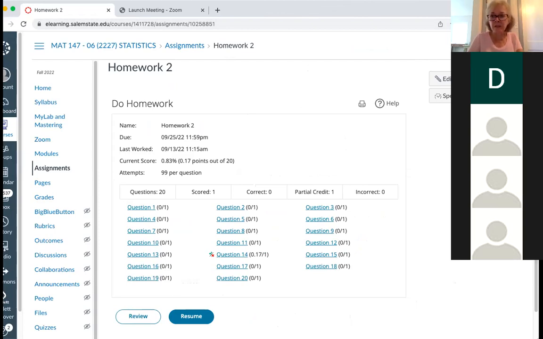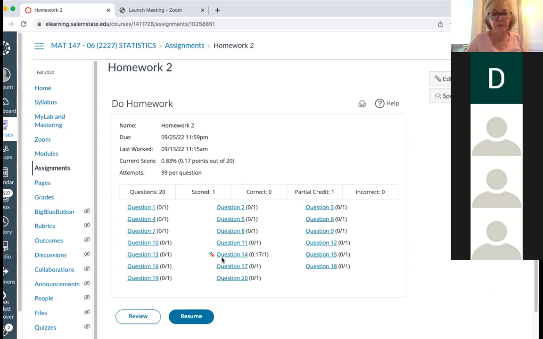So here we are. We are in homework. I happen to have accessed the homework through the modules. It was module 3. And I hit homework 2, and here is homework 2. So we are going to look at problems. What were the problems I said we were going to look at? 14.